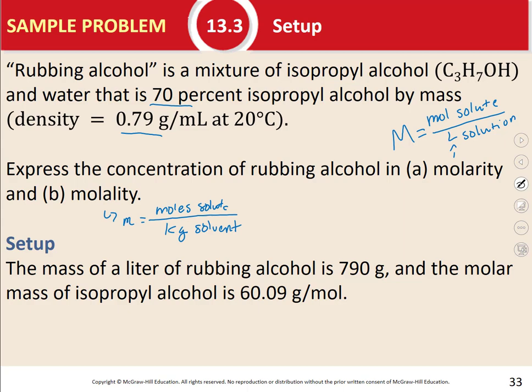Concentration is also going to be intensive in the idea that if I have a cup of water that is 70% isopropyl alcohol, 30% water, and I pour half out, it's still 70% isopropyl alcohol, which means we can choose any sample size that we want to. So we're going to choose a sample size that's going to make our math as easy as possible.